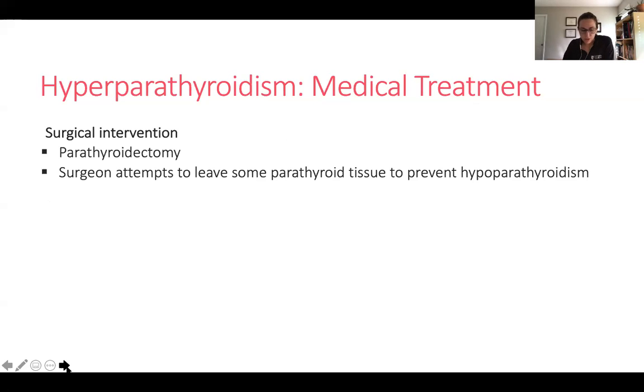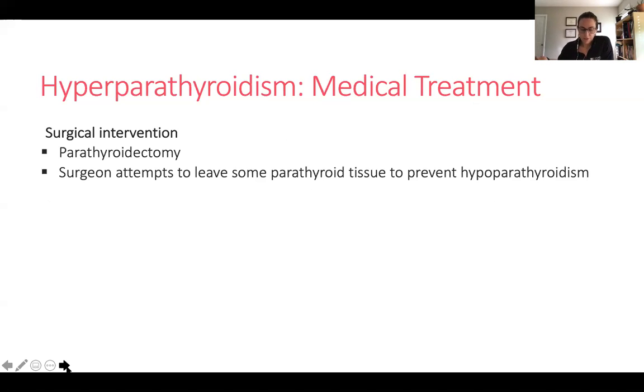So as far as medical treatment, if it is a tumor that is causing hyperparathyroidism, they will remove it surgically. But this is a complicated surgery because the glands are so small and they can be located in the mediastinum.